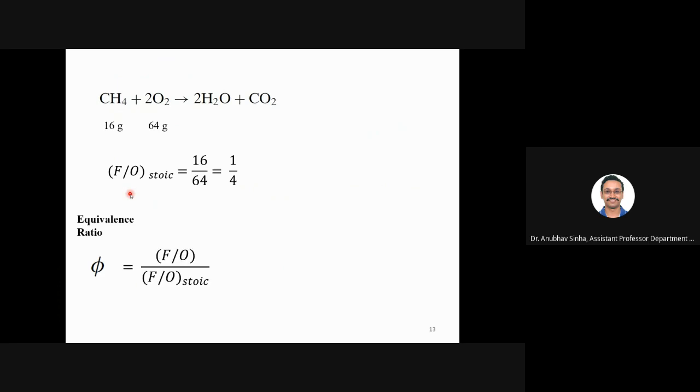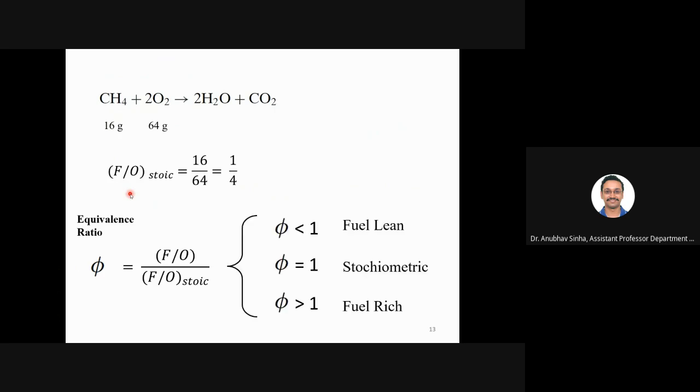Again I'm just repeating what we discussed in the last class. When you take a stoichiometric ratio, this is the fuel to oxidizer ratio you get for the stoichiometric mixture, and this is for your actual fuel, whatever proportion you have in your device. Based on that you define the equivalence ratio.